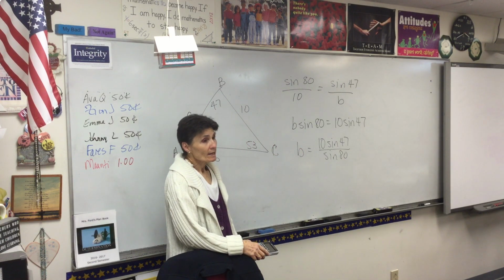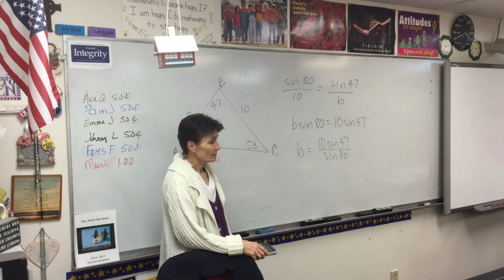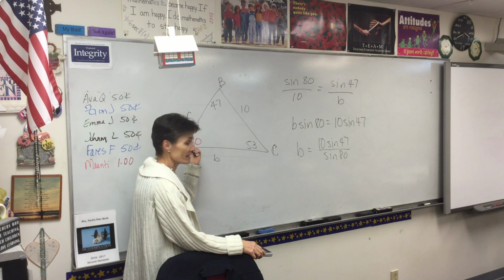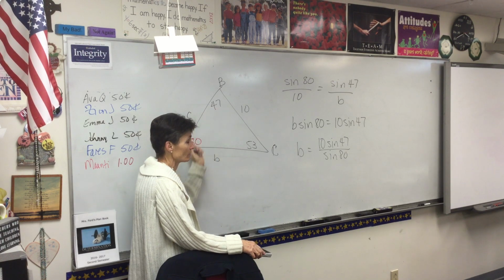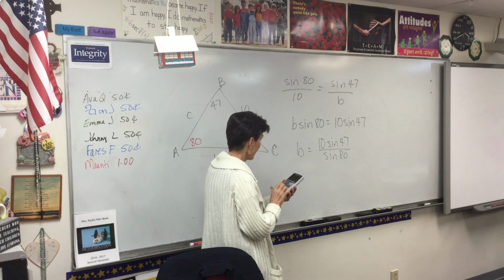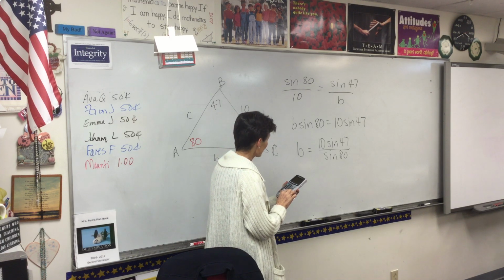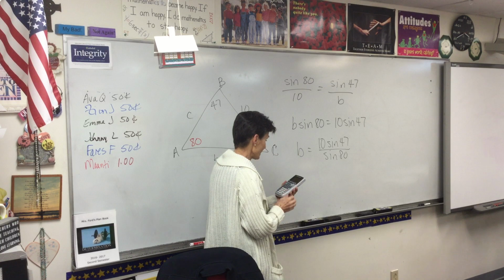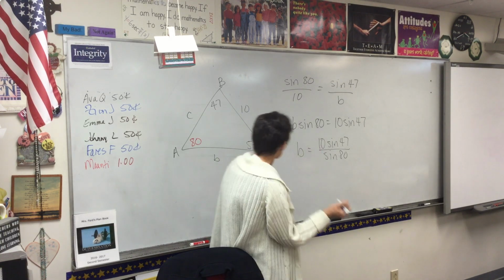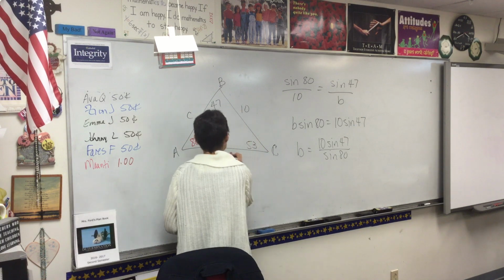No. When do I use second sine? When you're finding an angle. I have all of my angles, so there will not be any second sine in this problem. This is just type it in. So 10 sine 47 divided by sine 80. I got 7.43, and that's B.